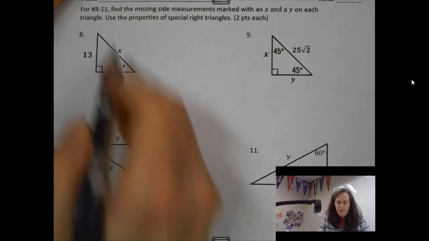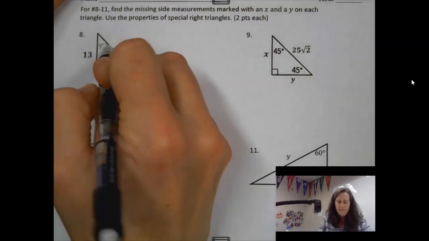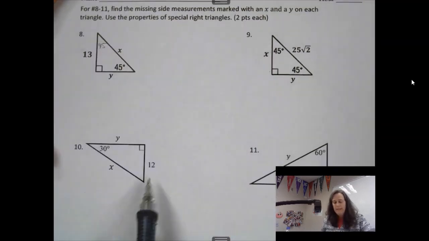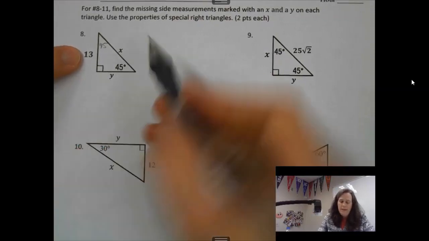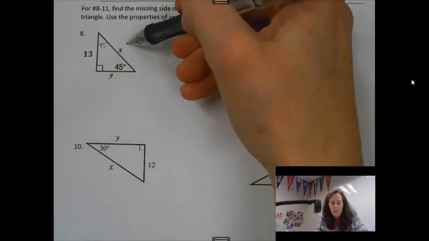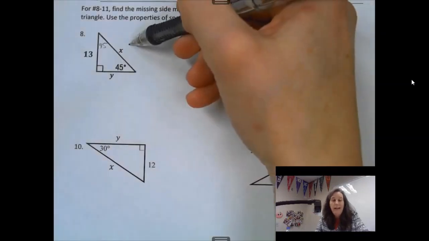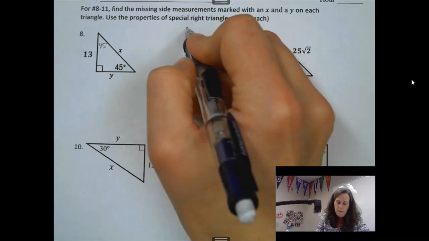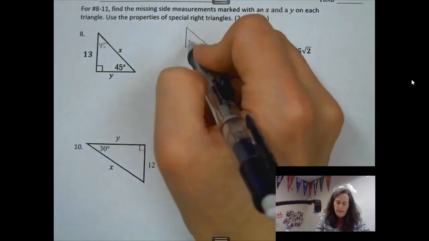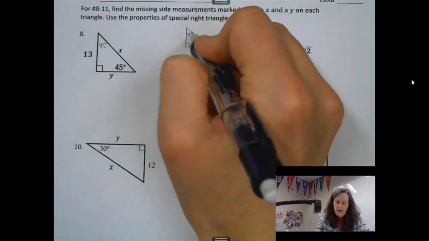When it is a 45, 45, 90, then the pattern is that the legs match and the hypotenuse is whatever that leg value is times the square root of 2. So I'm going to draw a little sample 45, 45, 90. So that's our 90 and our 45.